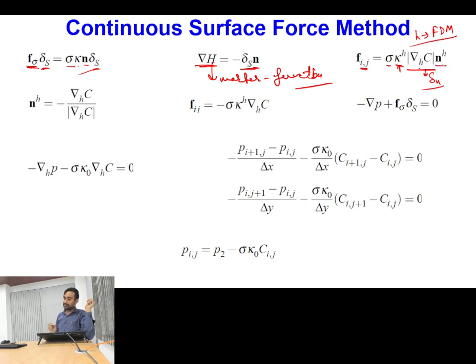Then I need to multiply it with the normal, because surface tension acts in a direction normal to the interface. One important point you have to know: when I am writing only this much value of the surface tension force, I am assuming that I am using a completely pure system.